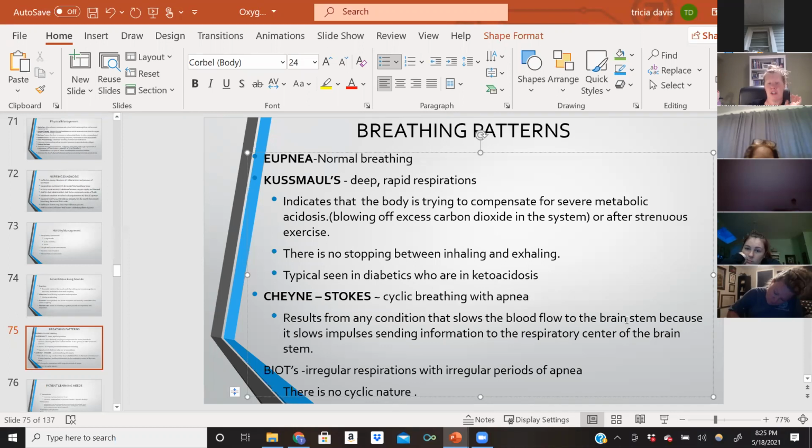And it's going to, in turn, slow impulses to the respiratory center of the brain, and it's going to change their respiration. So it's cyclic breathing with periods of apnea. Biot's respirations are irregular respirations with irregular patterns of apnea, and there is no cyclic nature to it at all. So you guys need to know those.